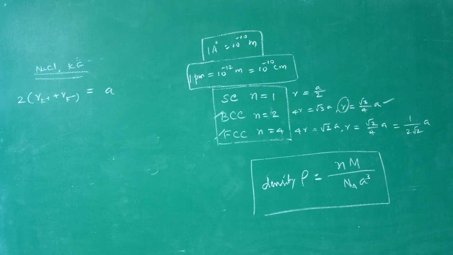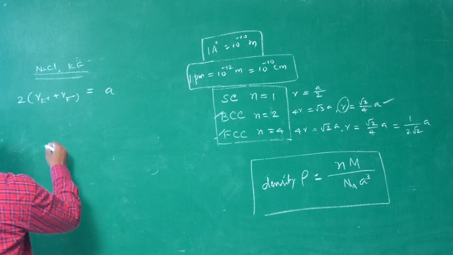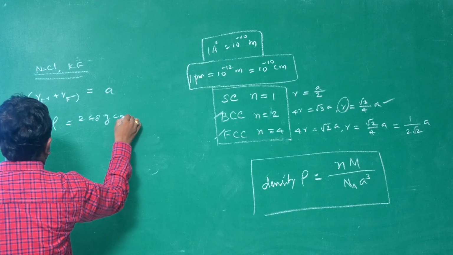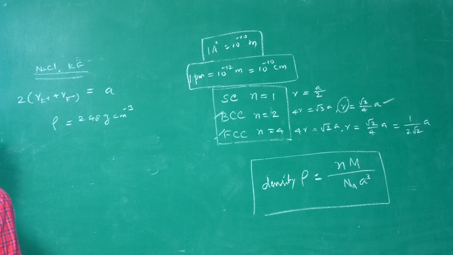Calculate the distance between K plus and F minus in KF, given the density. Density is given: 2.48 gram per centimeter cube. You are asked to find A. Knowing A will give the other things.